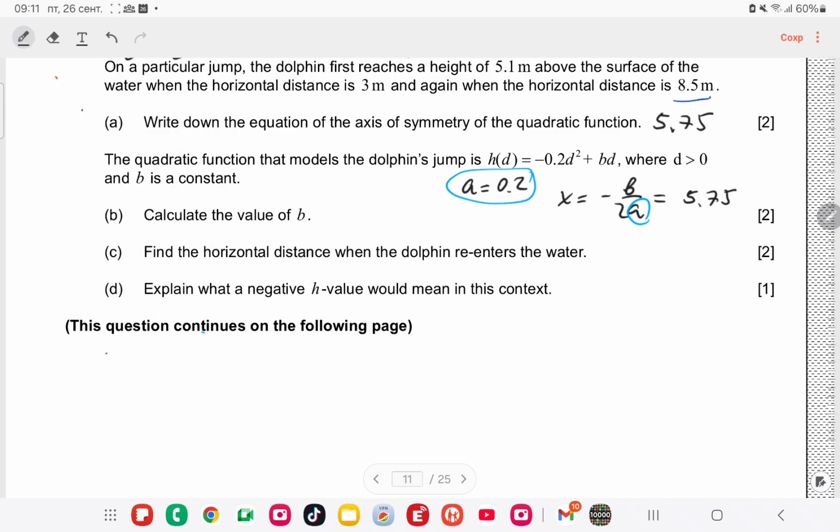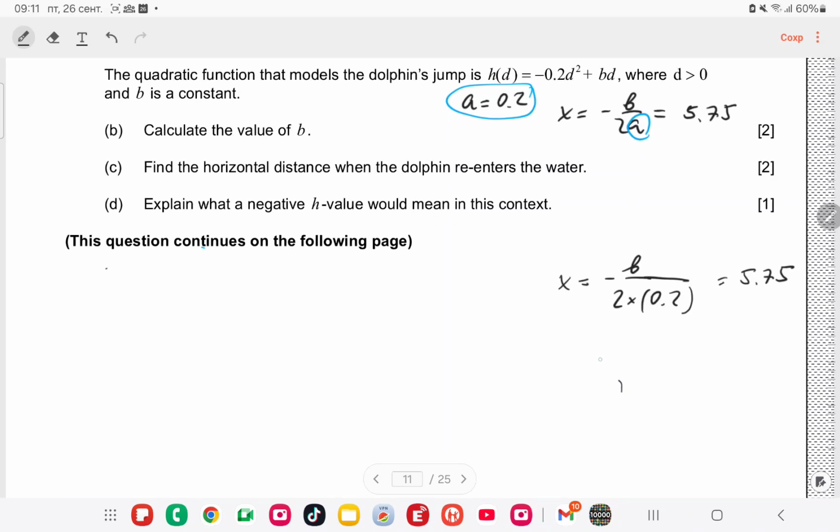Let's do that together. x is equal to minus b divided by 2 times negative 0.2, and equal to 5.75. Now we can solve for b. So minus b is equal to 5.75 times 2 times 0.2, and then b will be equal to 2.3.